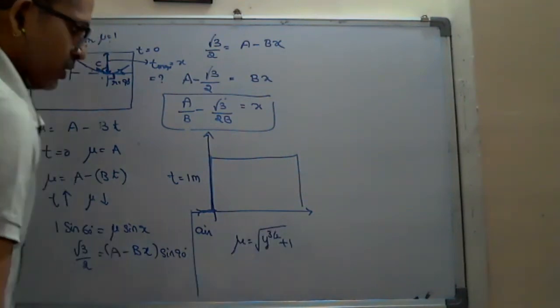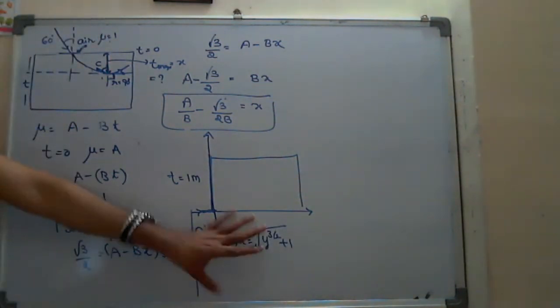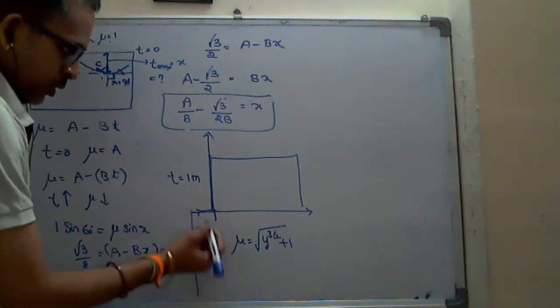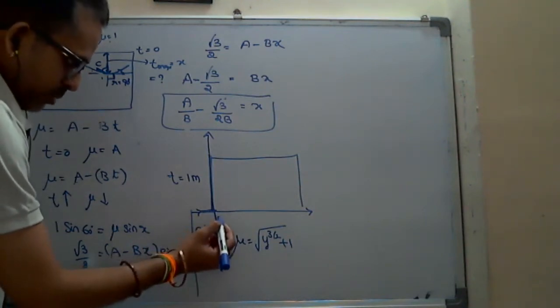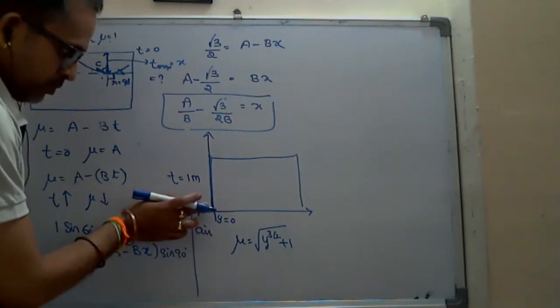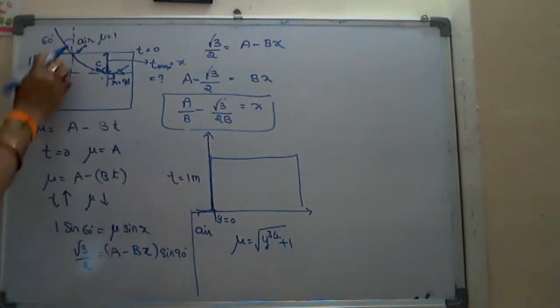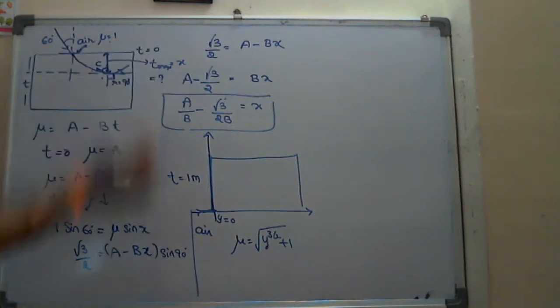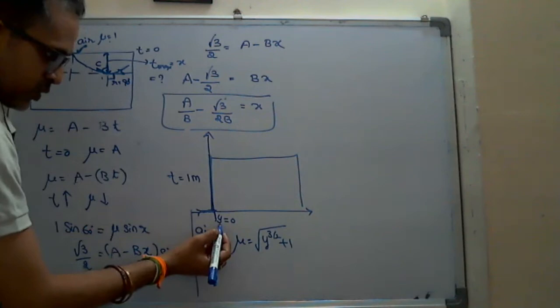Mu changes with y like this. Light is entering from here, so we have to consider the y coordinate as 0 from here, like in previous problems. In the same way, this is y equal to 0.